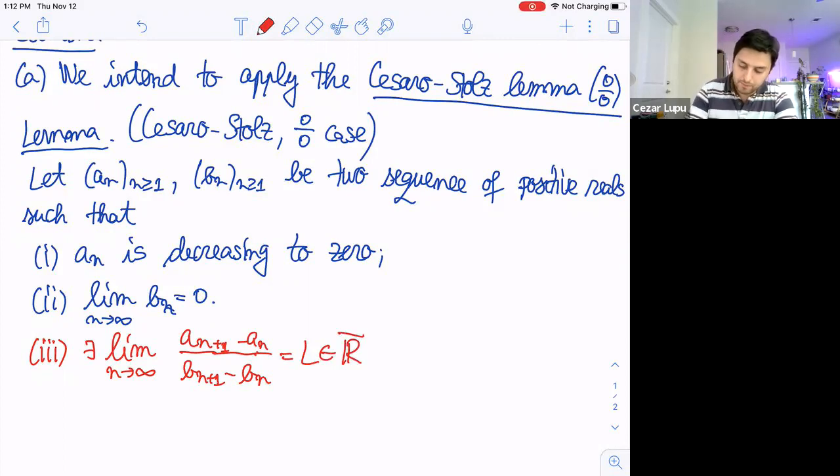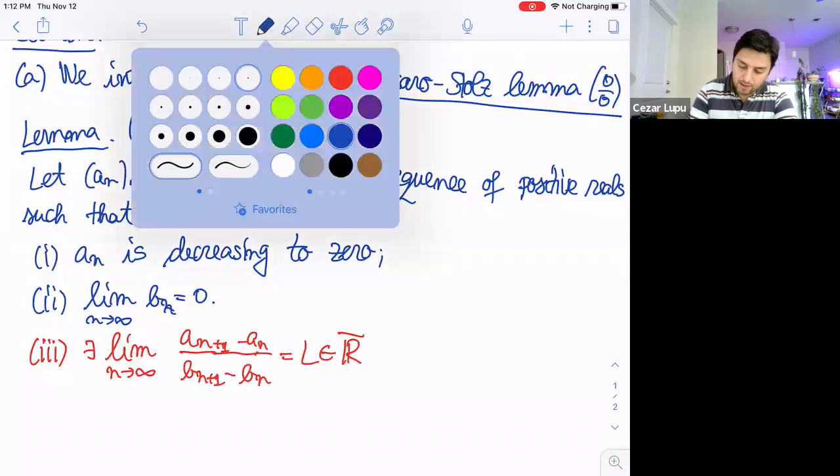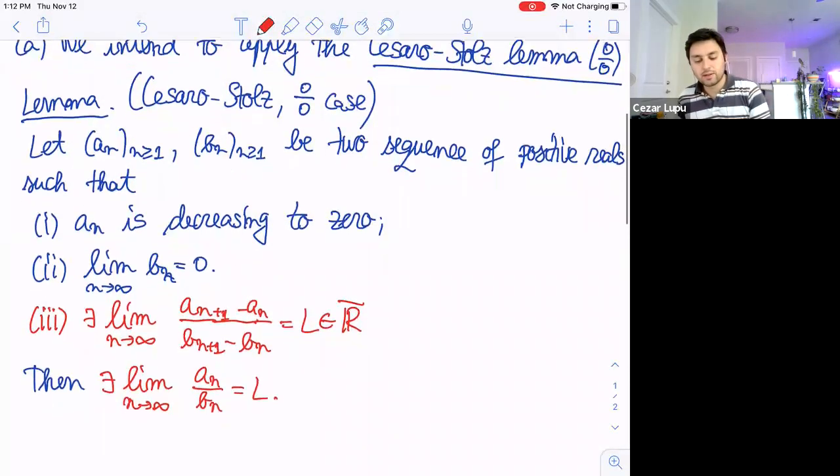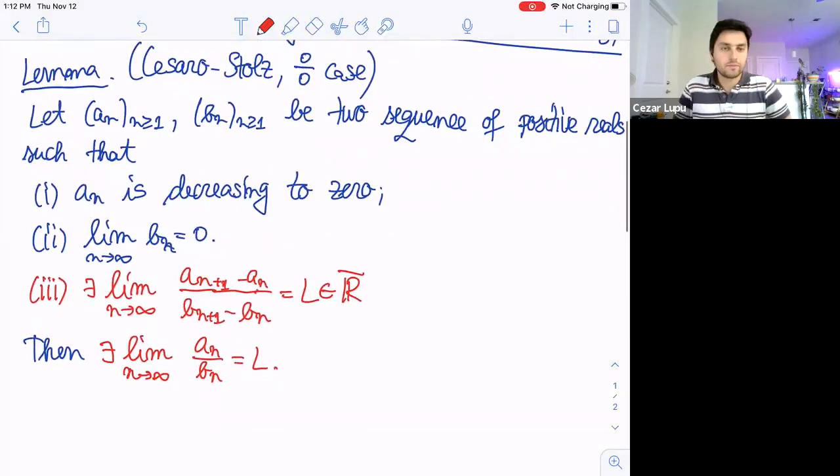But then the lemma states that there exists the limit as n approaches infinity of a_n over b_n equal to L, just like in the infinity over infinity case. This 0 over 0 is basically the same.